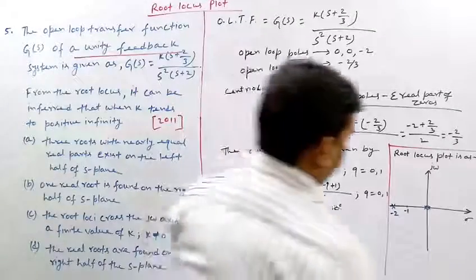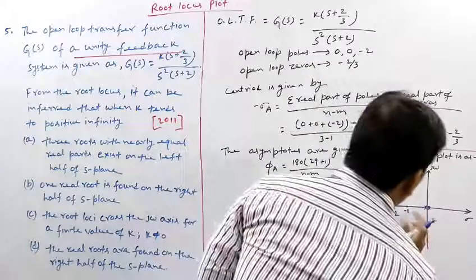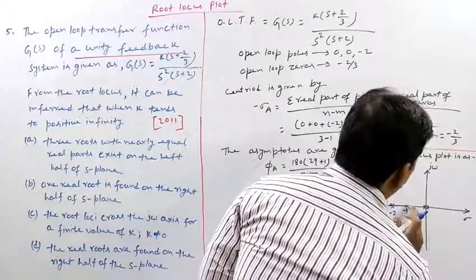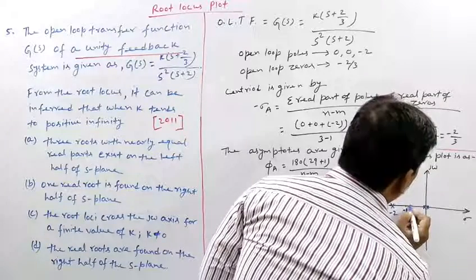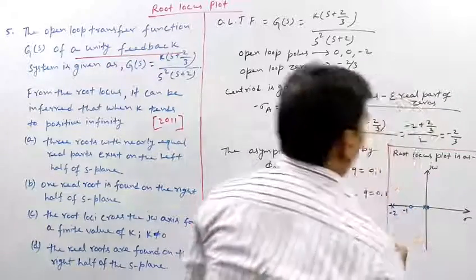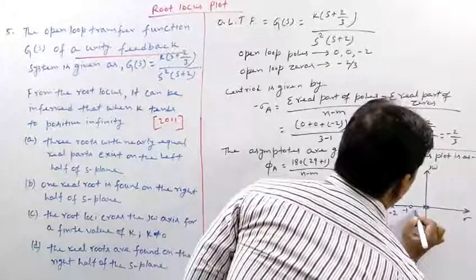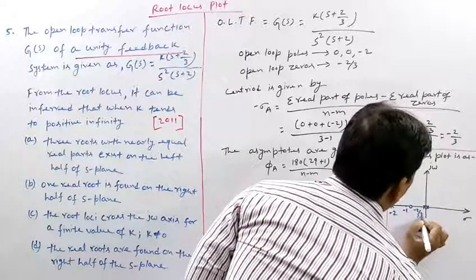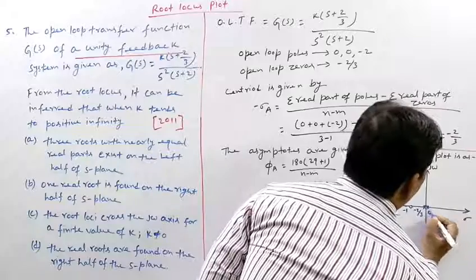So let me denote the zero here. This should be minus 2/3. So let us denote this as the zero, and this point is minus 2/3. And this is 0.